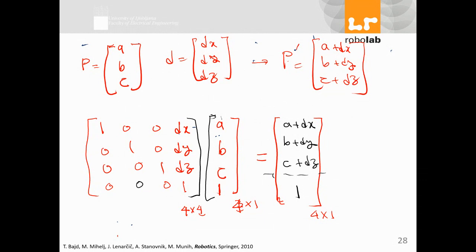That's why in robotics, researchers, teachers, and engineers have come up with a solution to make it easier to represent. At first, it looks ridiculous. Honestly speaking, when I first learned this, as a student, I thought this is nonsense.